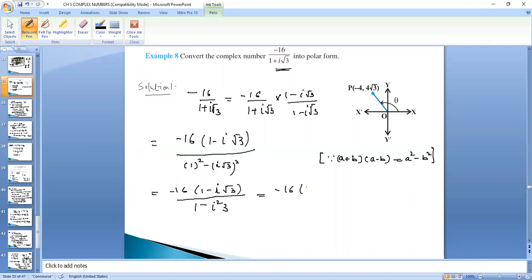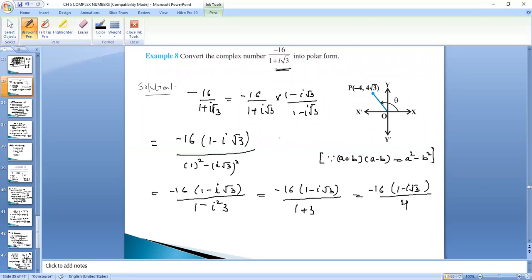The value of iota square is minus 1, so it will be 1 plus 3. So it can be written as minus 16 times 1 minus iota root 3 upon 4.